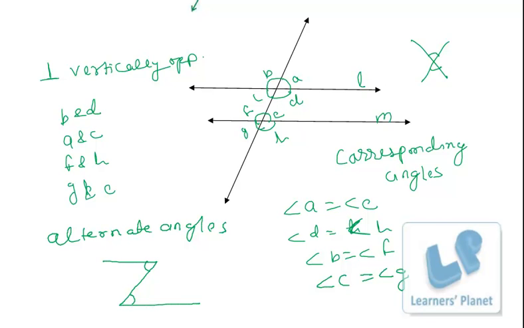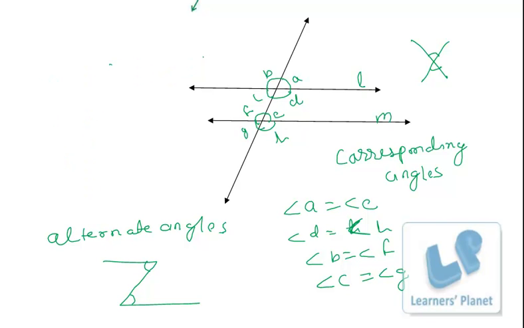So over here, just see, we can see this shape of Z. So this angle, just change the color. This angle will be equal to this angle, right?